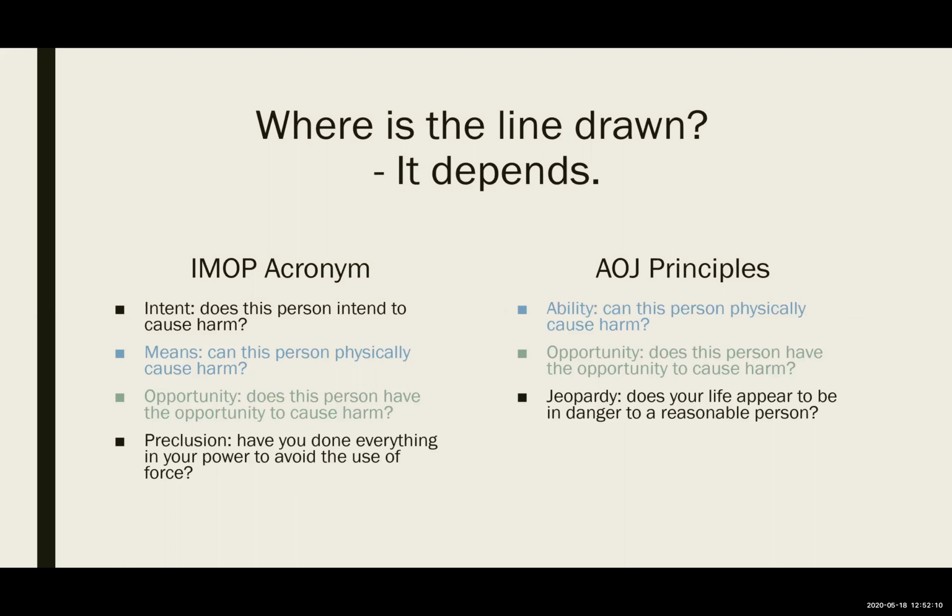That's harder to dispute than jeopardy in something that maybe wasn't so serious, maybe wasn't such grave danger. That's where that reasonable piece can get a little tricky. But right now we generally side with the AOJ principles over IMOP.